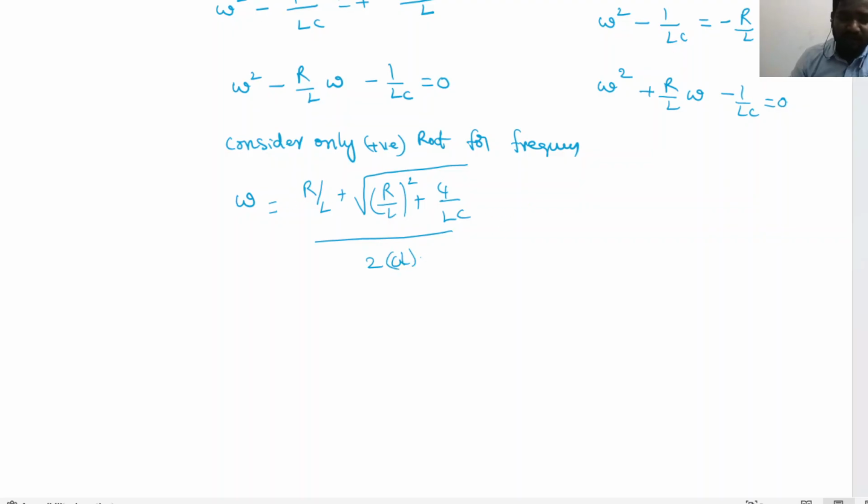So this is the angular frequency, the higher value of half power frequency. And here you get the lower value of half power frequency.